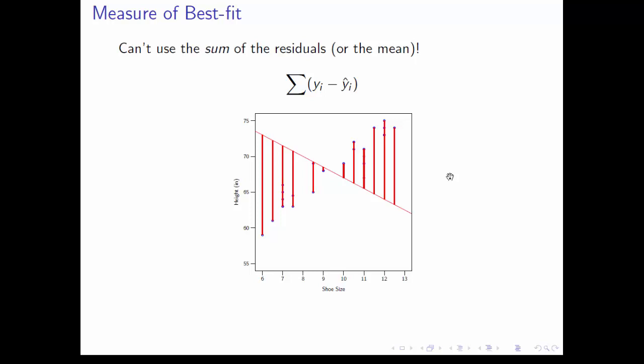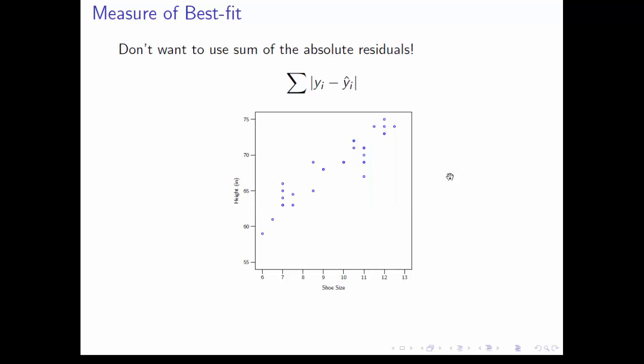So what am I going to do? Does this sound familiar? You might remember that we had a similar problem when we were looking at the standard deviation. And one idea would be to perhaps get rid of the sign, make all the negatives positive, by using the absolute values. But the absolute values are not very good.